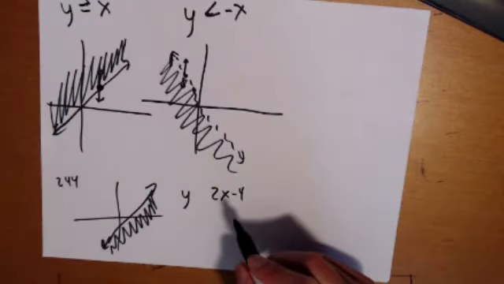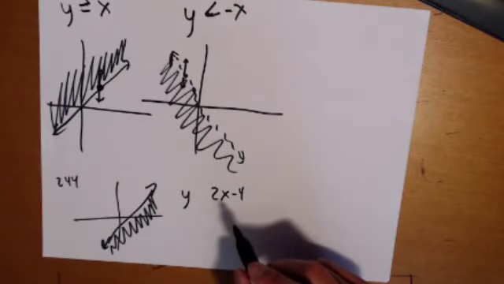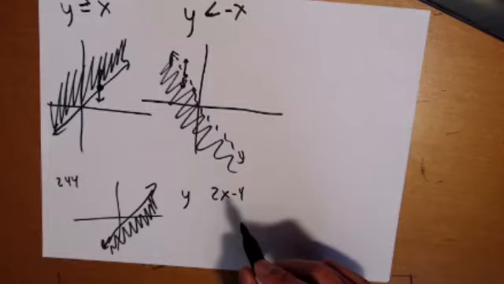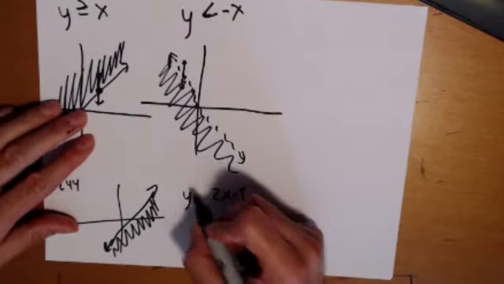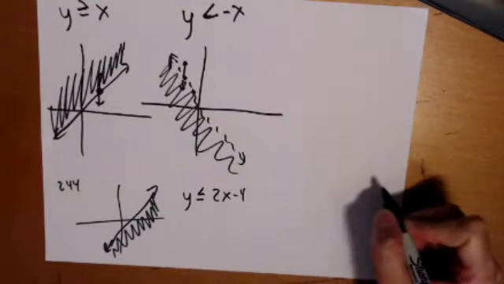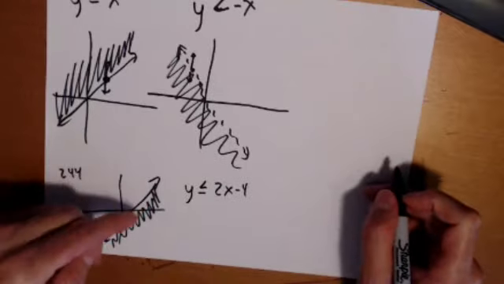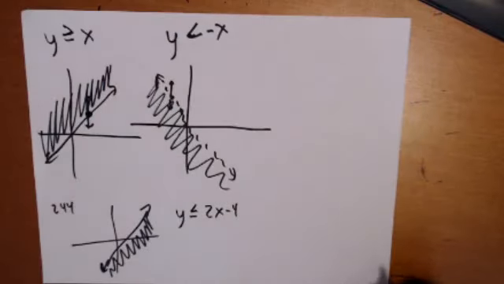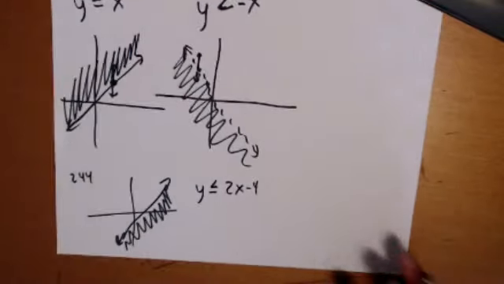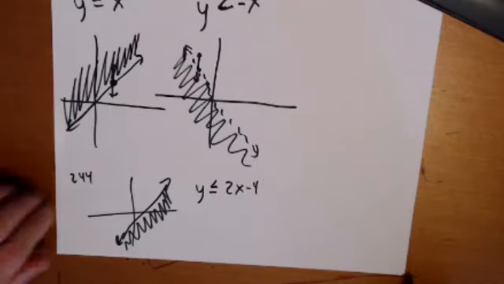This happens to be a solid line, and it looks like it's everything below. So just less than or equal to. Ta-da! See how easy it is if you can recognize below the line or above the line? That was 244. Easy peasy.